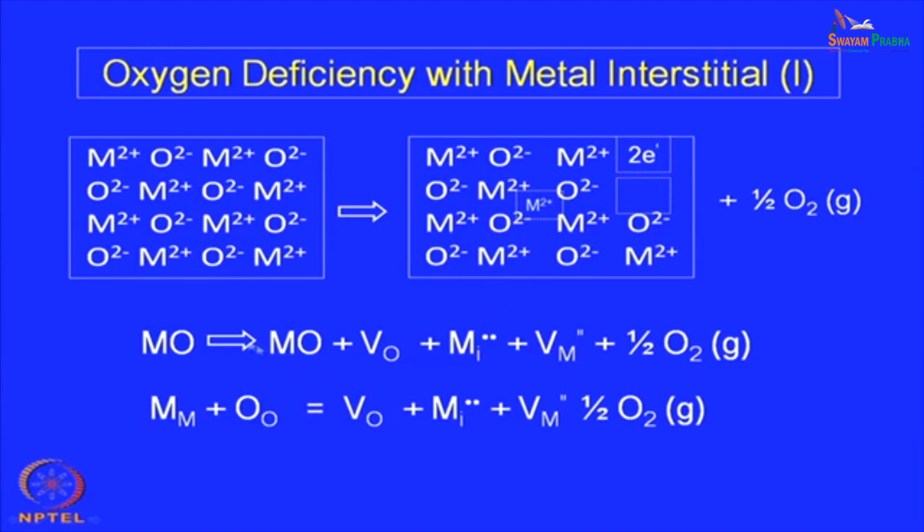Now, this is not an actual equation, it is not an equality sign, you cannot write it here, but if for the equality sign we have to consider the lattice, both lattices are involved here, both the oxygen lattice and the metal lattice. So, here an oxygen vacancy is created, a metal interstitial is created, and then a metal vacancy has also been created.